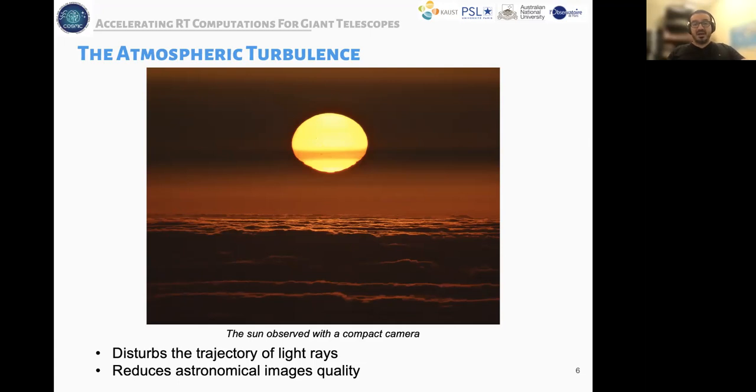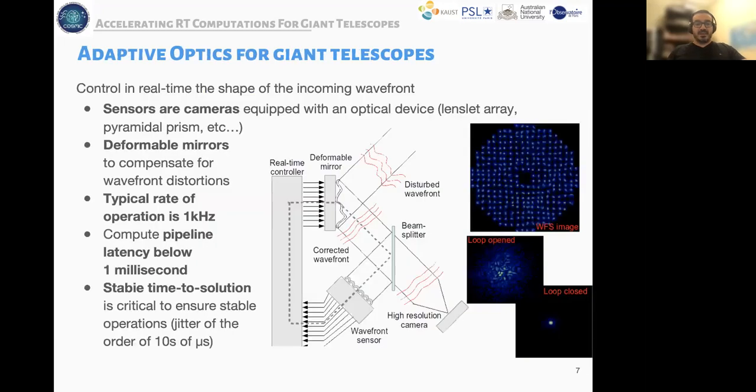The idea is how to compensate for that atmospheric turbulence so that they can get a clear image out of those telescopes. Adaptive optics approaches come to the rescue for those giant telescopes. They have some tiny deformable mirrors deployed on those telescopes that tilt in a certain way and direction to compensate in real time for the atmospheric turbulence.